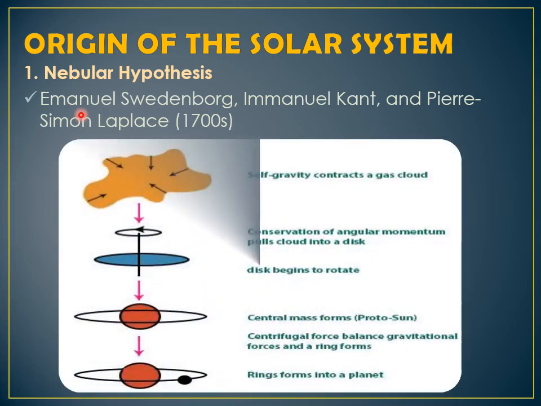They thought of a rotating gaseous cloud that cools and contracts in the middle to form the Sun, and the rest into a disk that becomes the planets. This hypothesis, however, fails to account for the distribution of angular momentum in the solar system. If you will notice, we only have one orbit here, and it fails to account for the other planets.